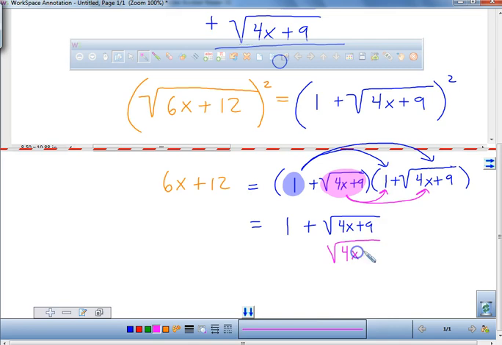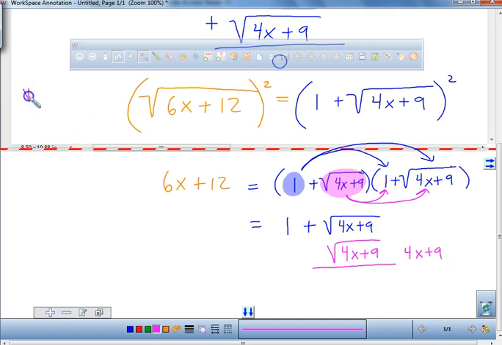That's right, it's just itself. Now, Josiah, what's radical 4x plus 9 times another radical 4x plus 9? Go ahead, Amy. Radical 4x plus 9 squared, which is 4x plus 9. That's right.